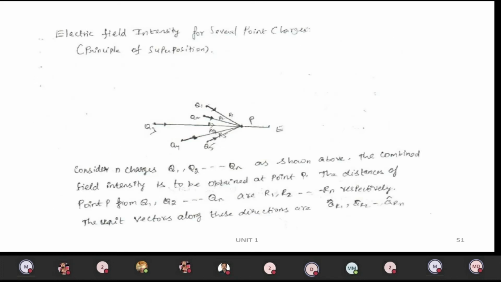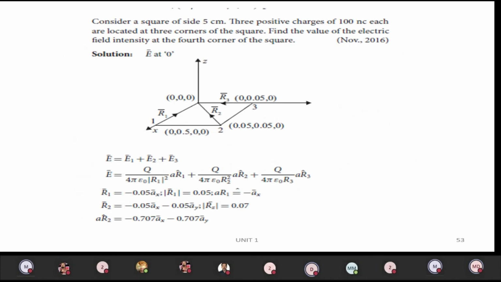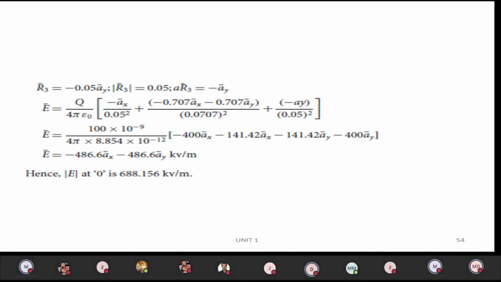We take the root of minus 0.4866 square plus minus 0.4866 whole square. If you substitute that, you will get the normalized value, 688.15. So this is the electric field due to point charges.